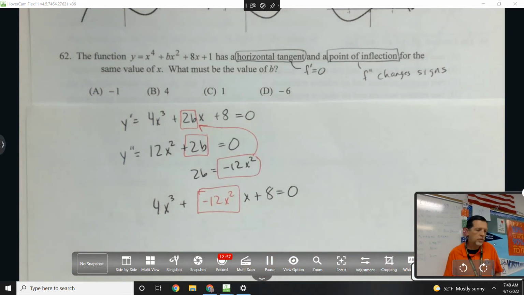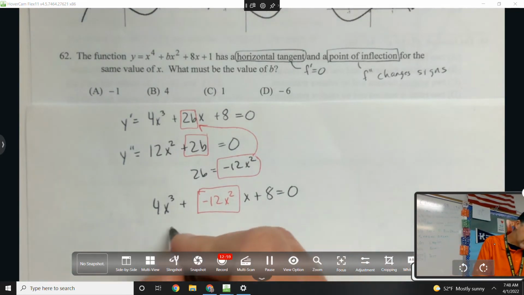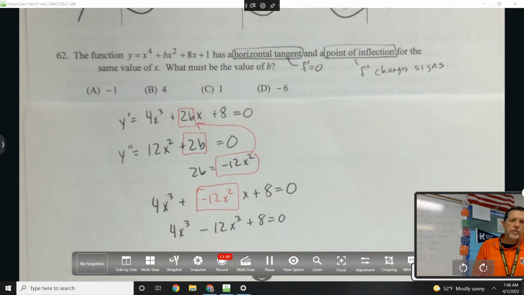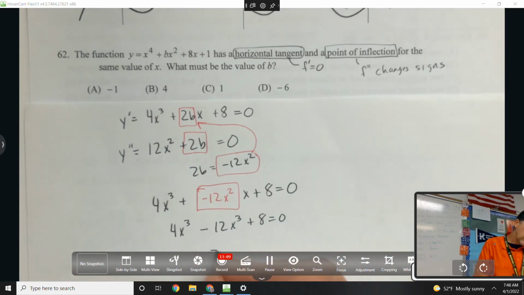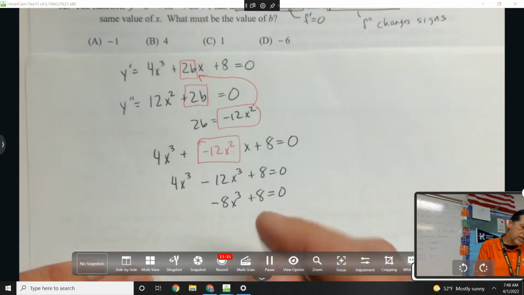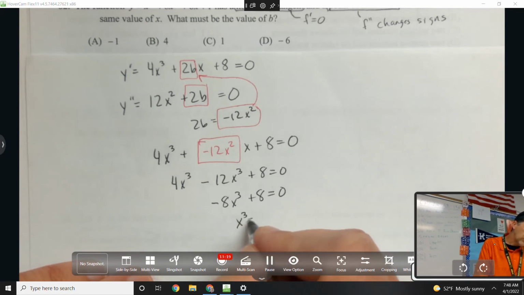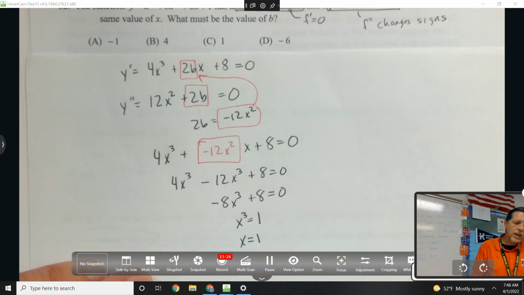And maybe this will tell me what x is. So 4x cubed minus 12x cubed plus 8 equals 0. So negative 8x cubed plus 8 equals 0. So if I move things around, x cubed has to equal 1, which means x equals 1.